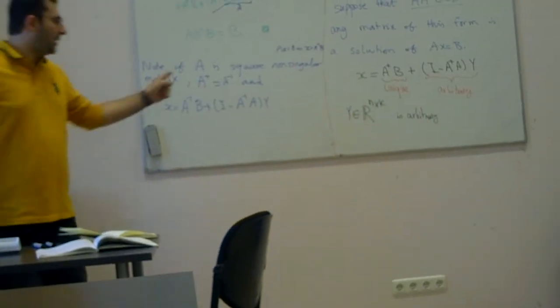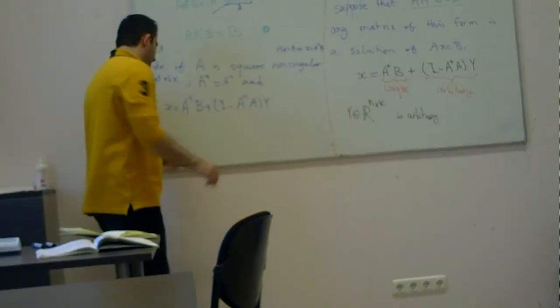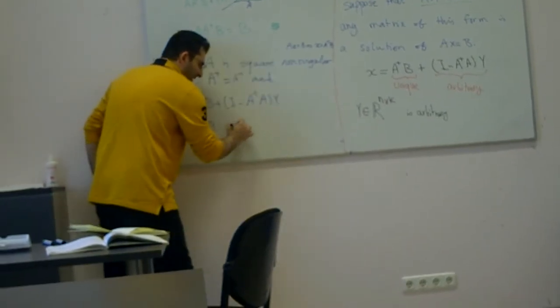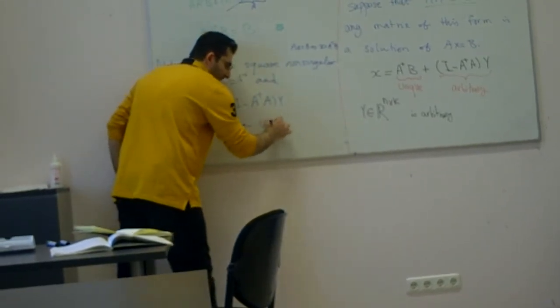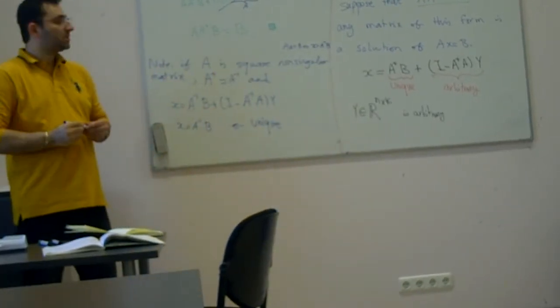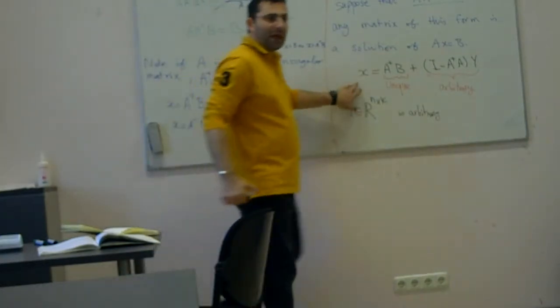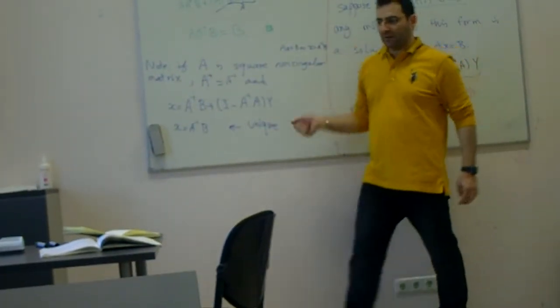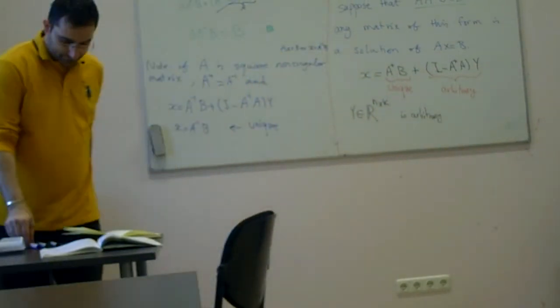It's I. I minus I is 0, this term is 0. So x is A inverse B, which is unique. We don't have an arbitrary part. So you see, this is the general case, and this is a very specific special case, and it is also valid.